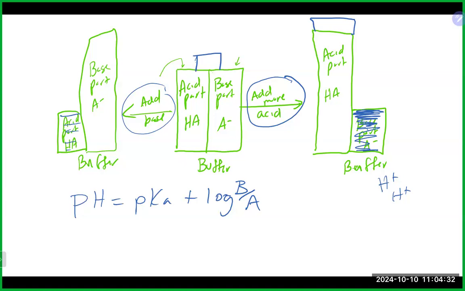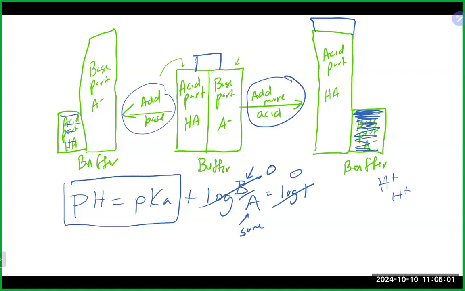So if we started with equal concentrations of the acid and base part of the buffer, so this guy and this guy were the same number, that would essentially give me the log of 1, right? Log of 1 is 0, right? So if you have the same concentration of your base and acid that you put in there to make your buffer, that would basically zero out that. That means that the pH would equal the pKa value.